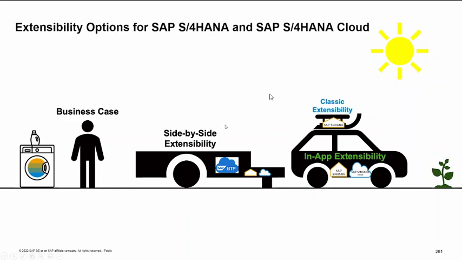Then we have the side-by-side extensibility. The side-by-side extensibility is all you can do on the trailer. It is represented here in the picture as a trailer. Side-by-side extensibility is all you can do using the Business Technology Platform. What can you do?